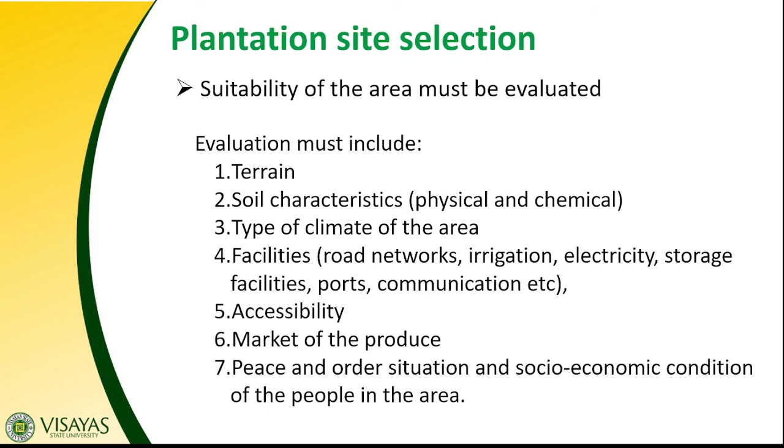And then storage facilities, in case we harvest and it cannot be sold immediately. And then the ports as well as the communication means and other facilities must be looked into if they are available.